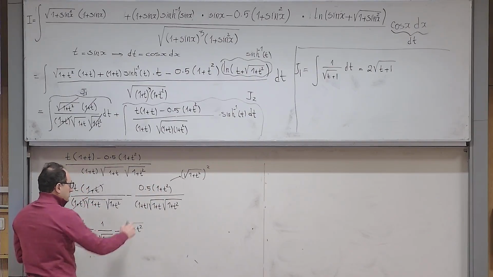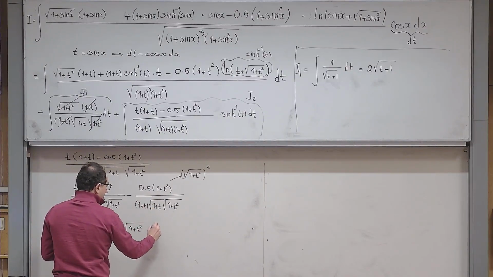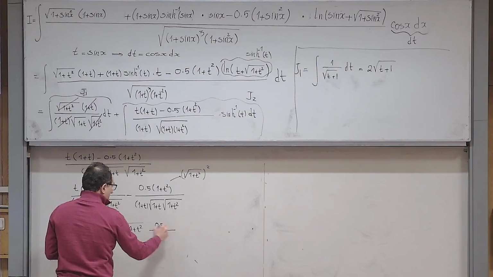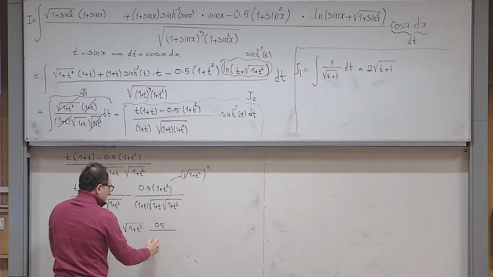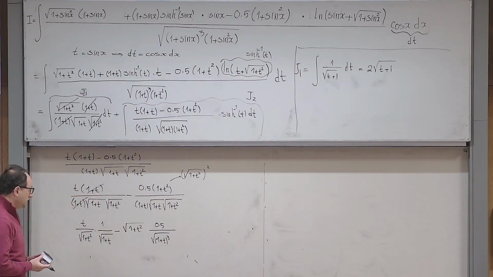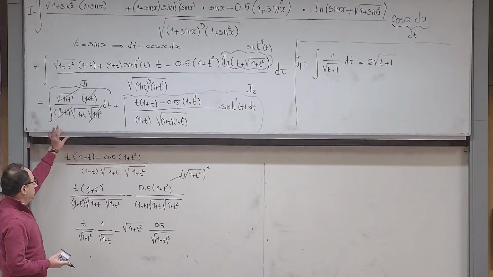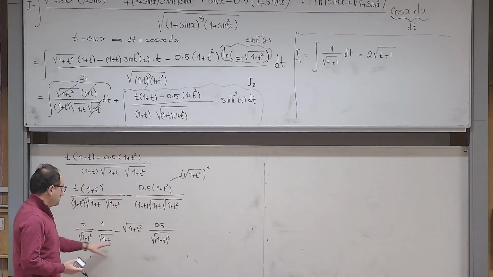Then I would write this as 0.5 divided by this one, which, let me combine them back, becomes 1 plus t cubed, square root. So this expression, which is this part of the J2 integral, can be written in this form.